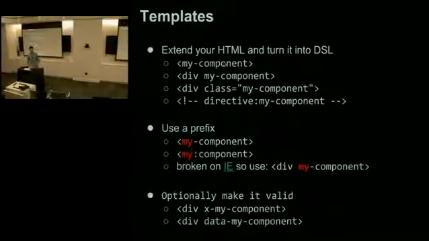However, there are some compatibility problems that I'll talk about in a minute. Another option is the attribute annotation, where you take a div or any other element and apply onto it an attribute that has the name of your directive, and Angular knows how to compile that. The next is by setting a class name with the name of your directive.